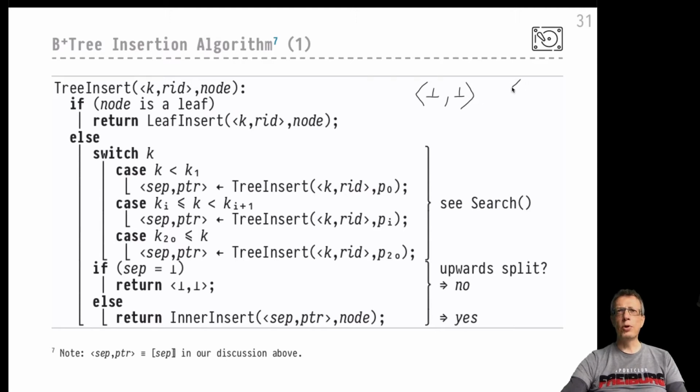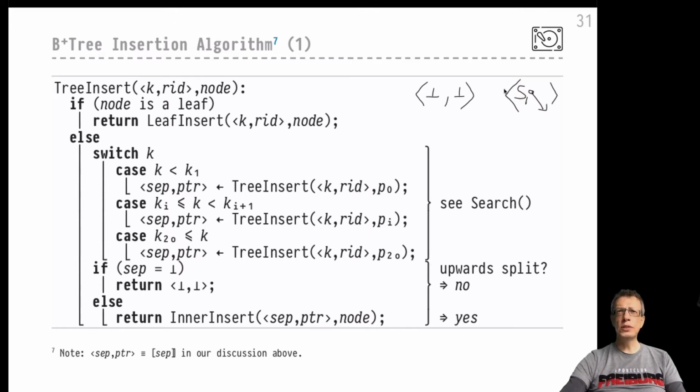The other possible return value is this. It's a separator value and a page pointer that's associated with that. Let me draw it like this. So of course it's a pair again. In this case, not bottom or nil, but with a well-defined separator key value and the pointer to an index node that is associated with the separator value.